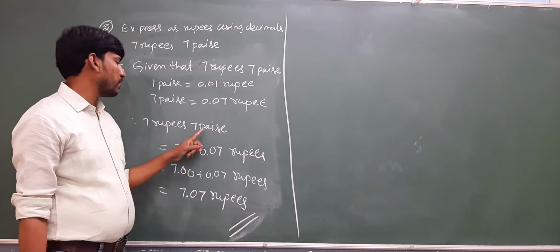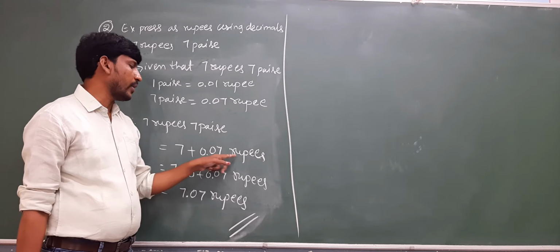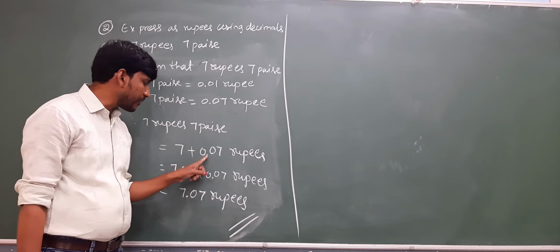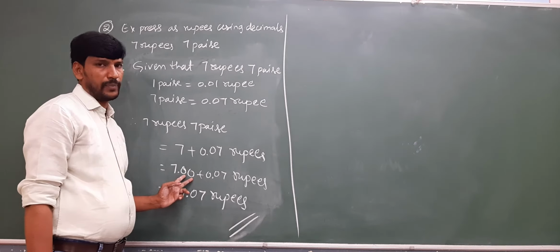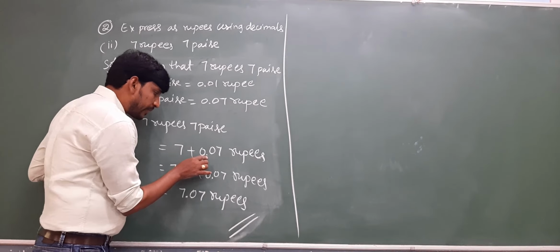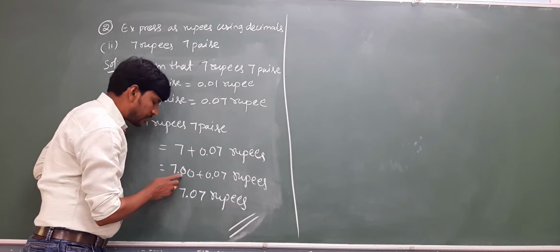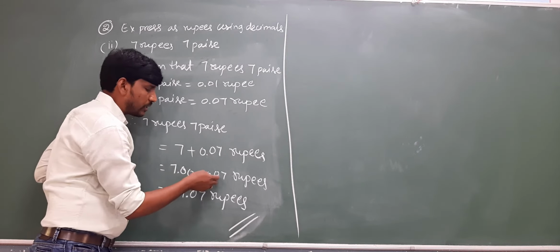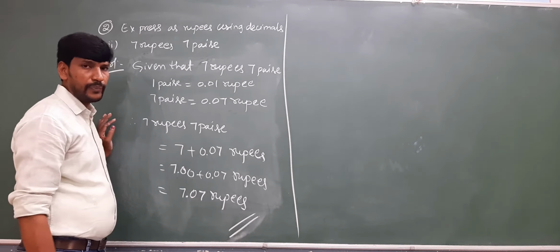So 7 rupees 7 paisa is nothing but 7 plus 0.07 rupee. 7 is nothing but 7.00, because after decimal two places are there. That's why I am going to write 2 zeros after decimal. So these 2 zeros and 0.07, if you add, you will get 7.07 rupees.